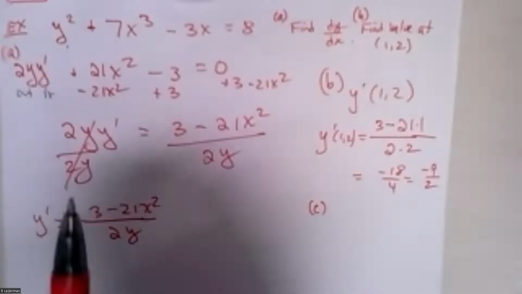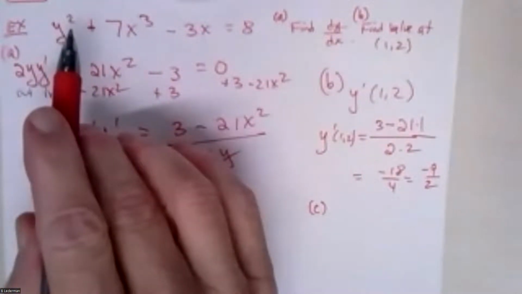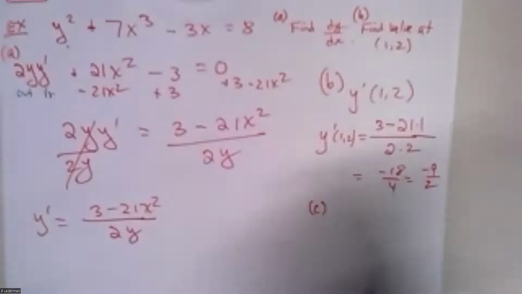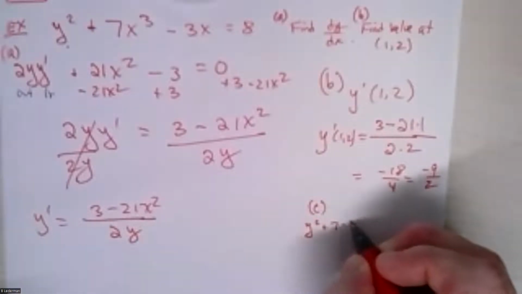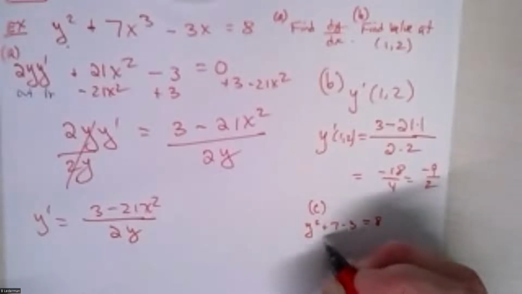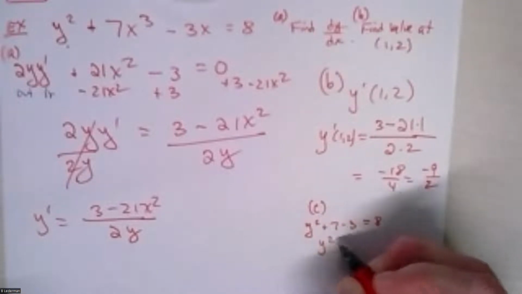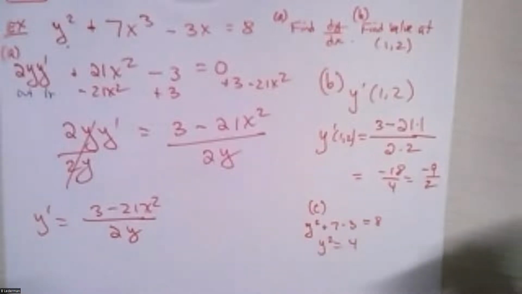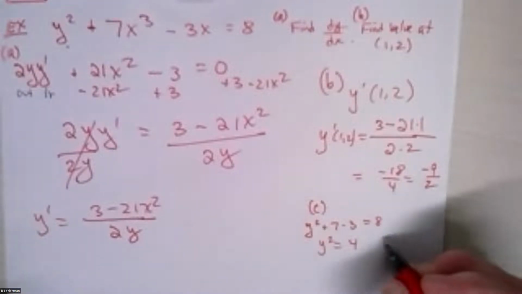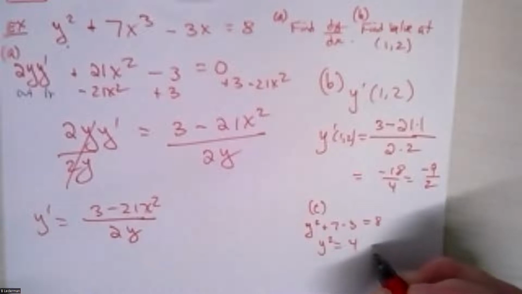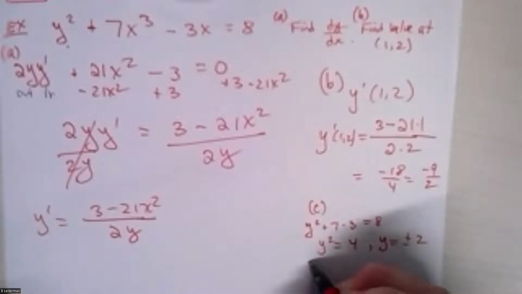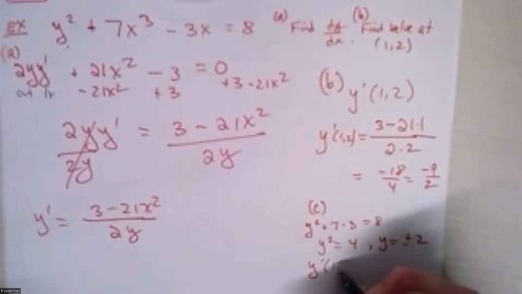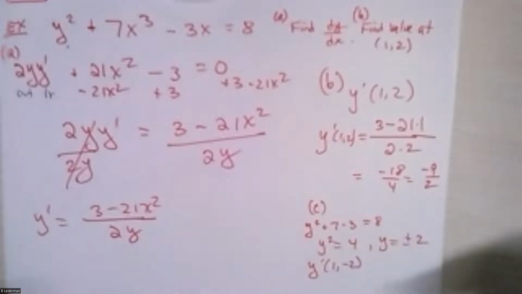For example, let's check it out. Suppose I put x equals 1 into my original equation. That gives me y squared plus 7 minus 3 equals 8, which becomes y squared equals 4. Well, y squared equals 4, so y could equal plus or minus 2. So it's conceivable I could find y prime at (1, negative 2).